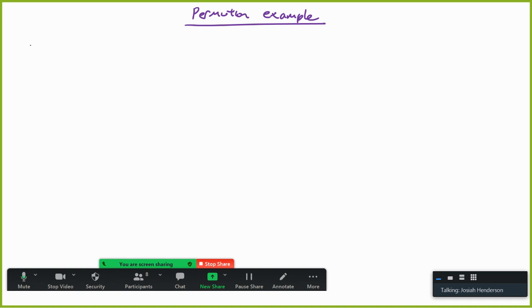Suppose we have 5 items in our larger group. Let's list them out. Let's just use letters.